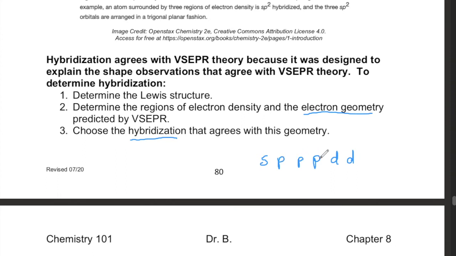So this is the order of the orbitals, first the S, then the 3 P's, then the D's. However many regions you have, that's how many orbitals you're going to need. So if you have 3 regions, you can just choose 1, 2, 3, and you know that it's going to be sp2 hybridized. If you have 5 regions, you choose 1, 2, 3, 4, 5, and you know that it's going to be sp3d hybridized. So that is helpful as well.